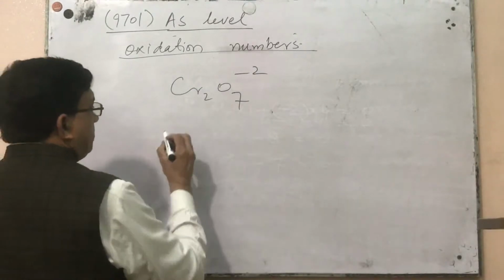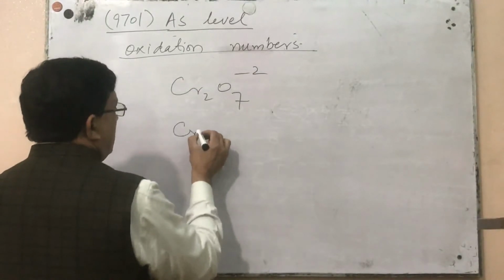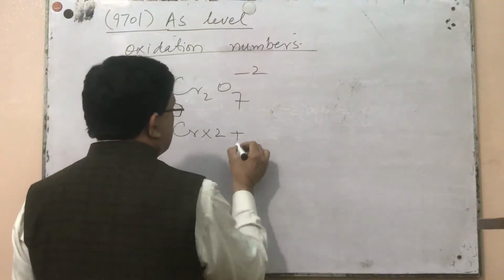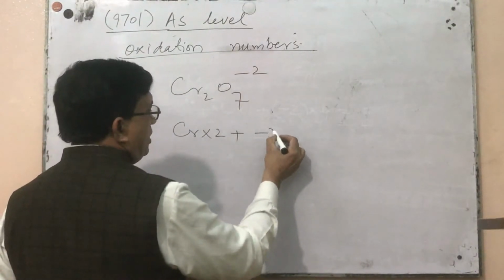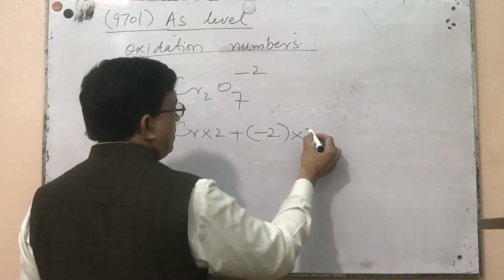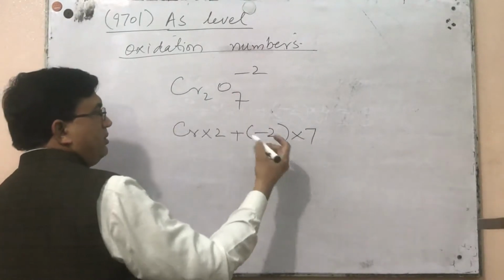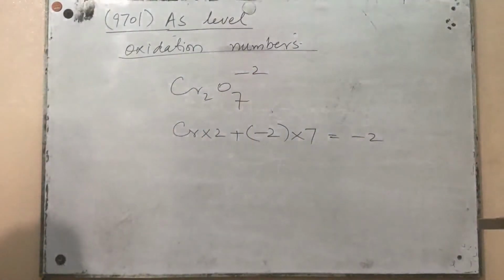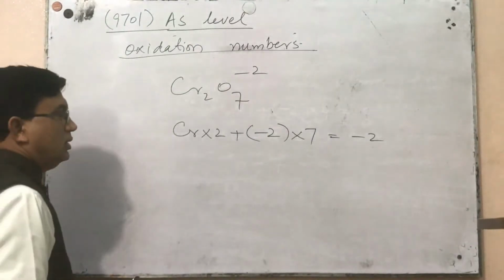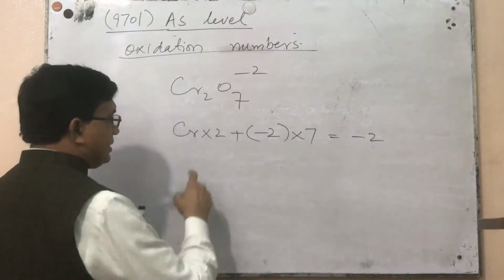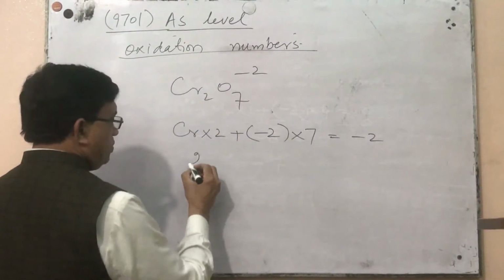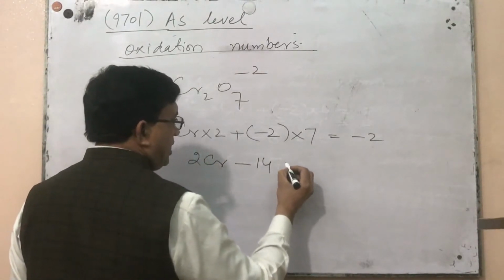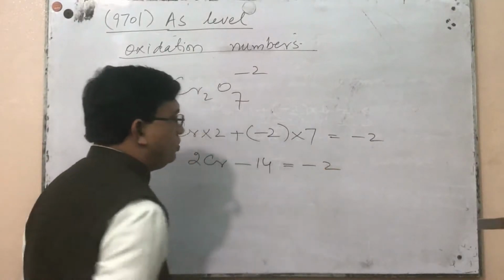Here, chromium Cr multiplied by 2 plus -2 for oxygen multiplied by 7, total number of oxygen 7, is equal to -2, because the charge present on the ion is -2. So when we calculate this, it shows us that 2 chromium - 14 is equal to -2.